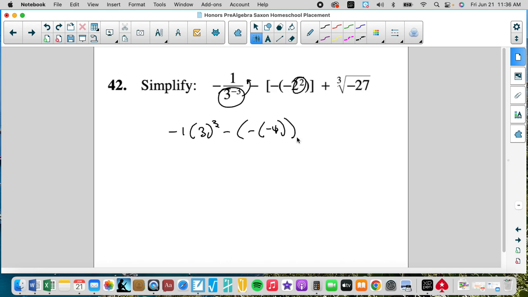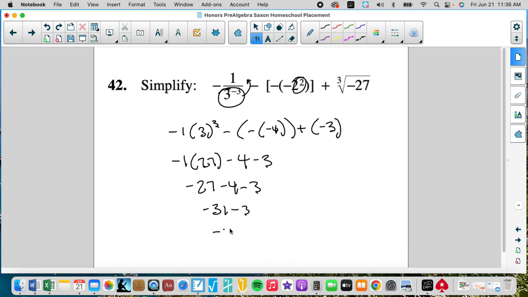Plus the cube root of -27, which is -3. We should remember that from today's lesson. So 3 to the third is 27. That's the opposite of -4. That's +4. That's -3. We're going to do this multiplication. -4 minus 3. That's -31 minus 3 is -34. Boom.